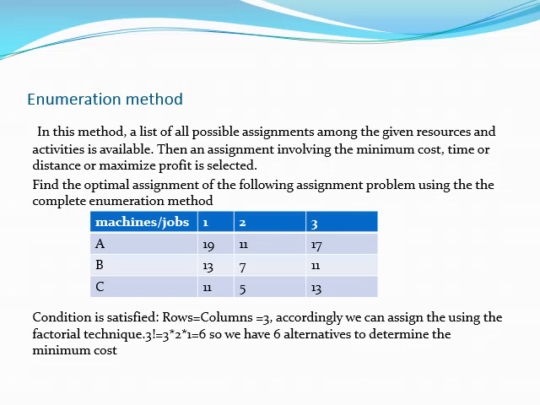Machine A has 2 alternatives, machine B has 2 alternatives, and machine C has 2 alternatives. The sum of these alternatives is 6.